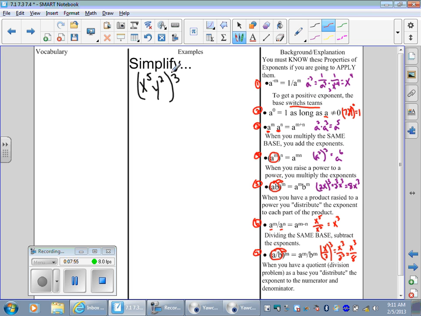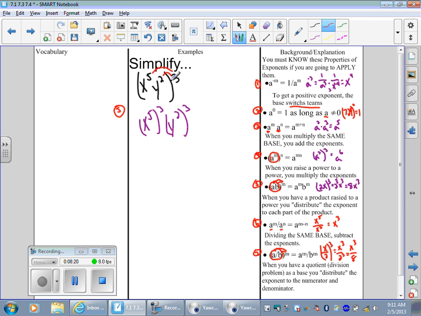I need to give this cubed to both of these. So what I'm really working with here is then it's got to be x to the fifth cubed and y squared cubed. Now, right there, what I did is I just applied what would have been called property number 5 for us.